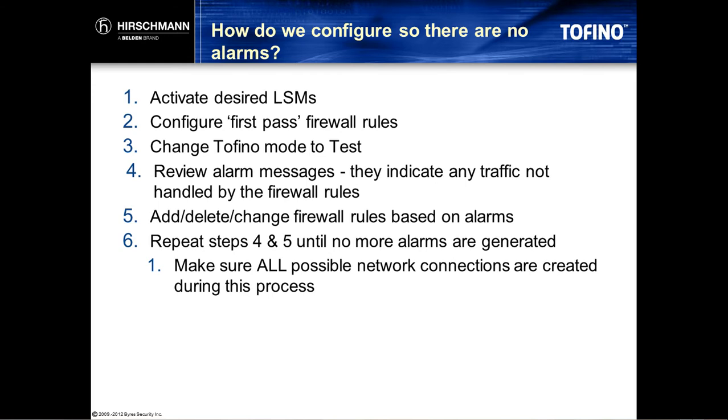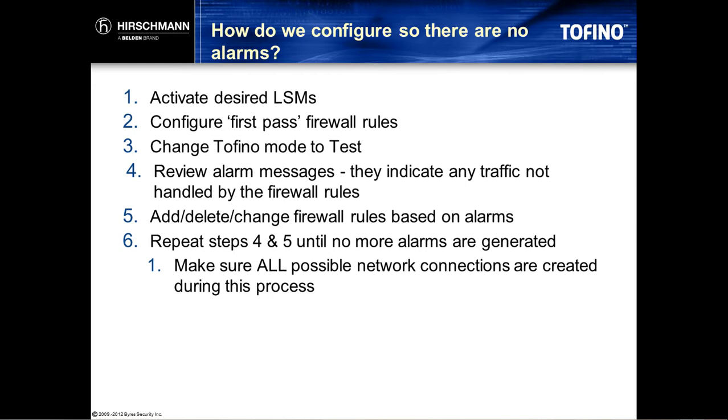So let's do this the right way now. How exactly do we go about configuring the Tofino so that normal network traffic is not generating any alarms at all? It really boils down to finishing the job in test mode. Go through every single alarm message that shows up while you're testing.